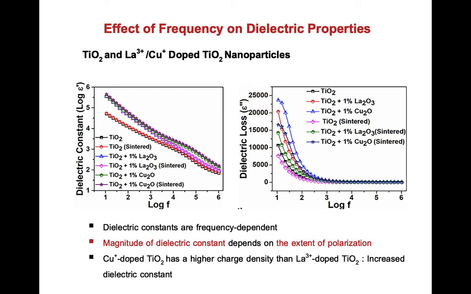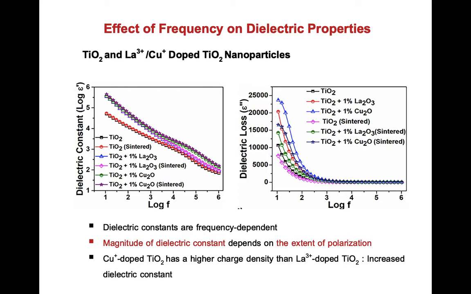The presence of impurity can also give rise to some charge carriers in the system. However, in the doped titanium dioxide sample, the oxygen vacancies or charge carriers are due to doping. Oxygen vacancies were generated by the charge compensation mechanism as a result of the substitution of copper 1 plus ions at the host titanium 4 plus site.